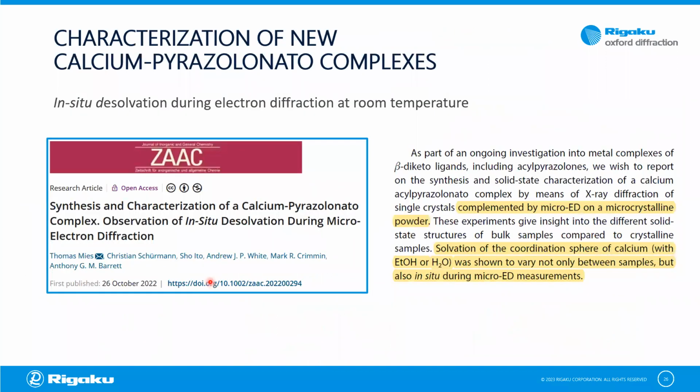Then next and last up is this publication from Thomas Mies and colleagues from Imperial College in London. This is on organometallic compounds with calcium in the center, and it has coordinated solvent on it, ethanol and water.